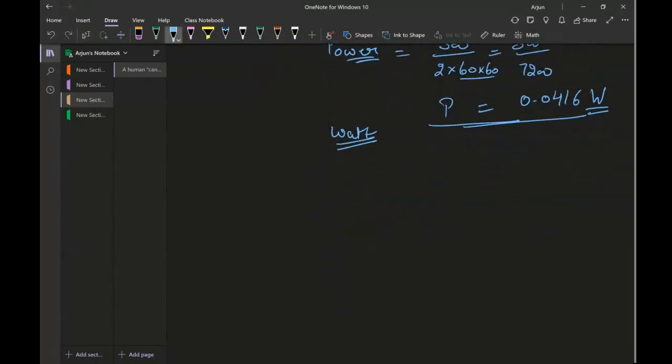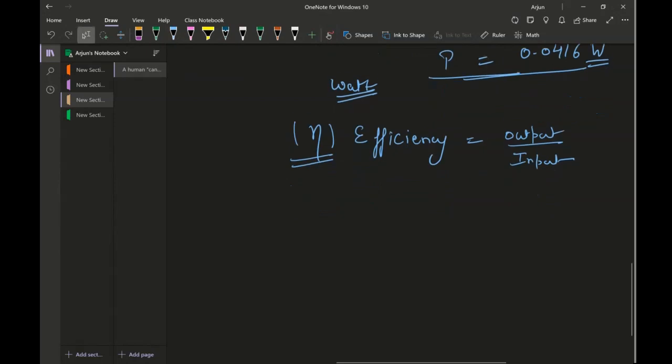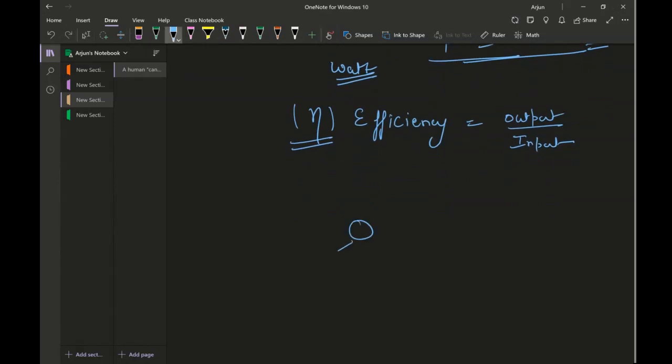Another concept is efficiency. It is denoted by this symbol, which is also called eta, and you can write EFFICIENCY too. So efficiency is equal to output upon input. Let's say there is a motor, and to run the motor I have to connect it to electricity, and power is being supplied to it.